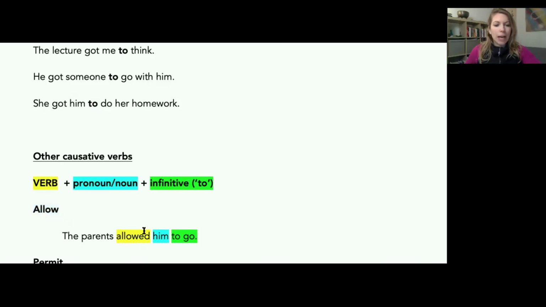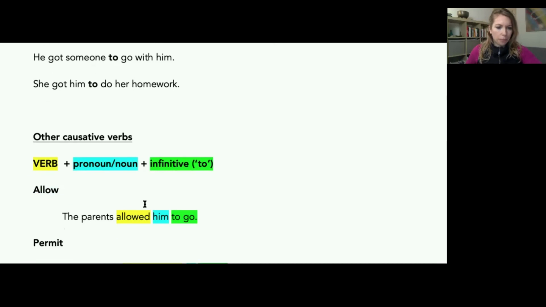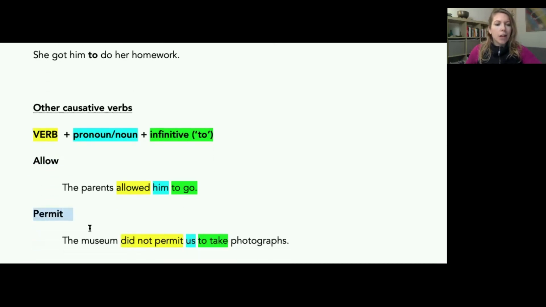If I have any switch of the verb tense, it's going to happen here with this verb. The parents allow him to go out every night. That would be fact. The parents will allow him to go out tomorrow in the future. Let's look at permit. The museum did not permit us to take photographs.